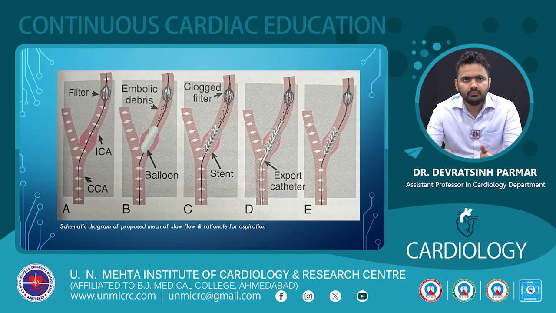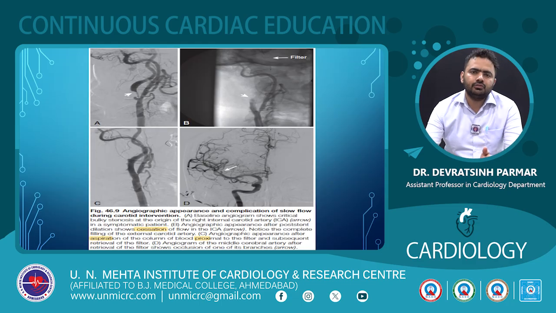So this is a schematic diagram showing the proposed mechanisms of slow flow, no flow. Slow flow can arise when you cross the lesion with a wire, then when you pre-dilate, then when you put a stent, and even when you are pulling back the export catheter, certain debris can go distally and cause slow flow.